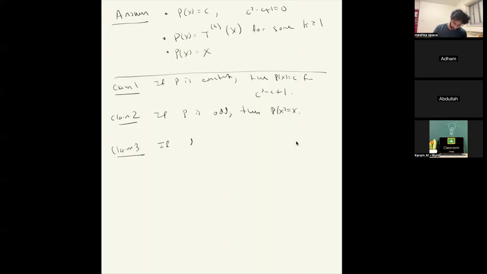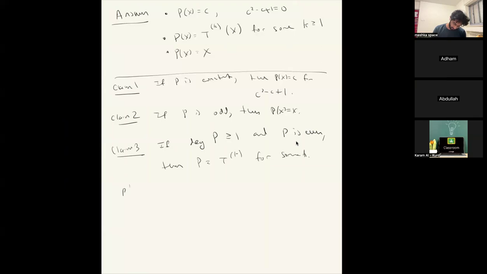if the degree of P is greater than or equal to 1 and P is even, then P equals T to the k for some k.